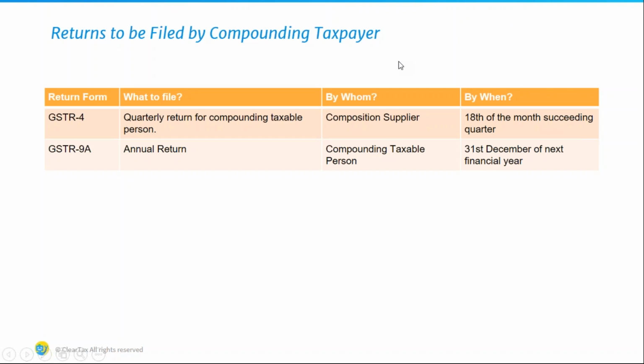Coming back to our presentation, we have discussed all the returns that are required. The next thing, as a business, you should be aware of is how to claim input credit of your existing goods which you are transitioning into the new regime, and how you can avail credit between different taxes.